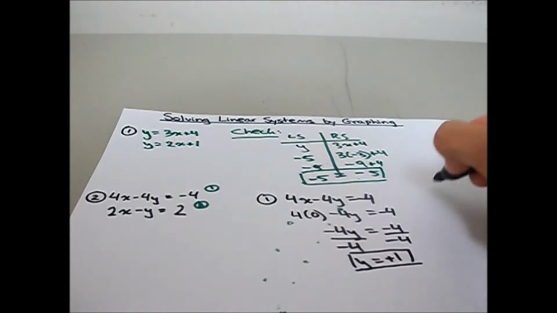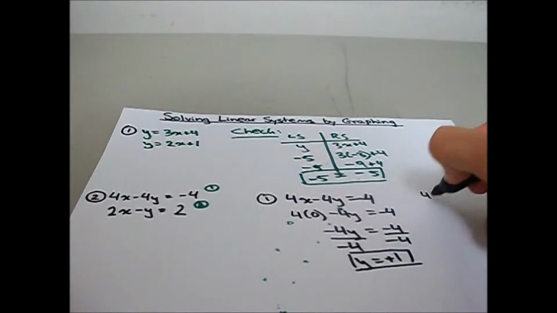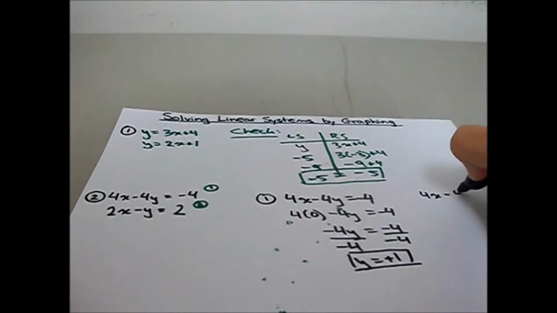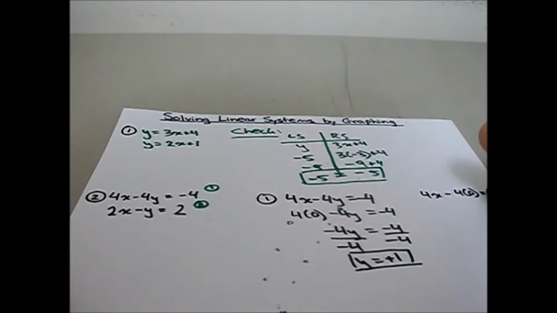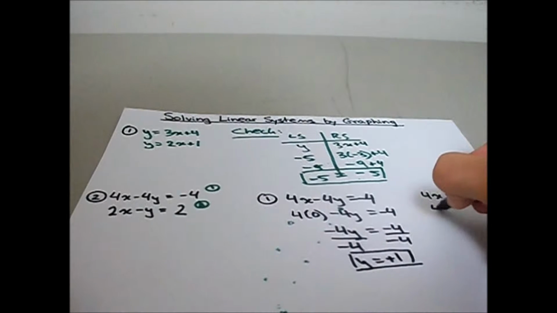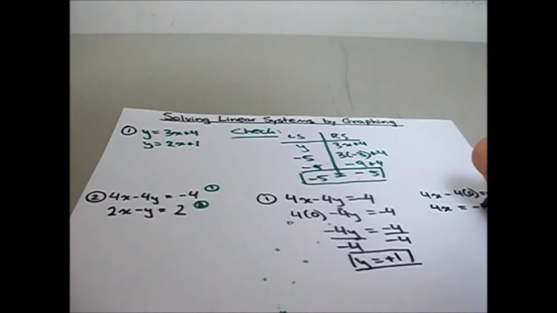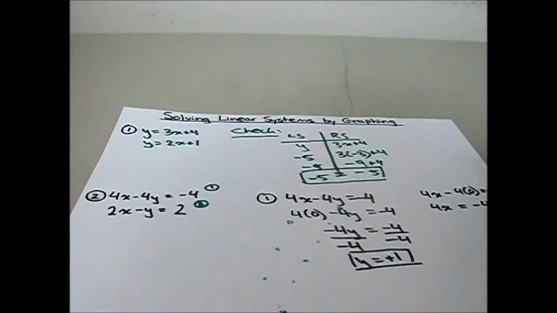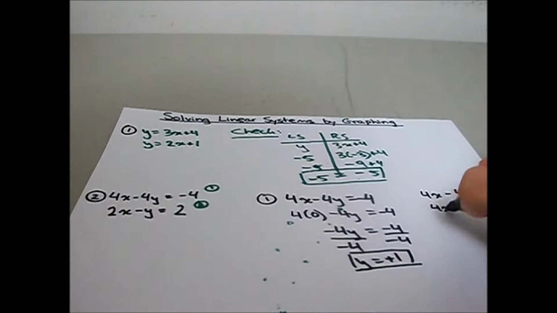And to find the x-intercept, I'm going to set y as 0. So again, I'm going to evaluate this. 4x equals -4, since 4 times 0 is 0. Divide both sides by 4, and x is -1.